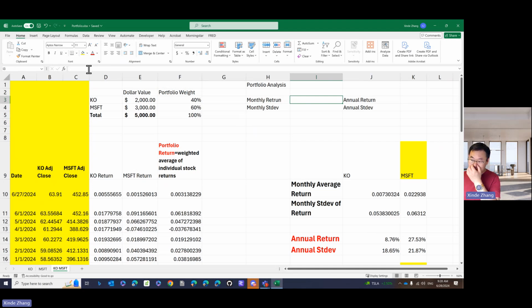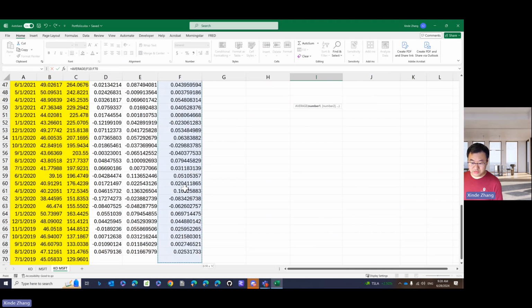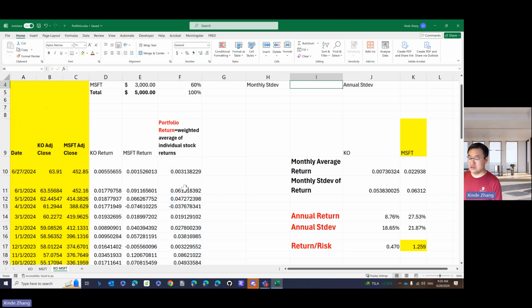Fortunately, we have done those. So for the monthly return, that's going to be just average. This portfolio returns, okay, from top to the bottom. Don't include the very empty cell. Hit enter.